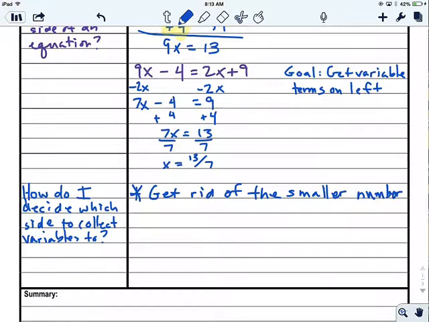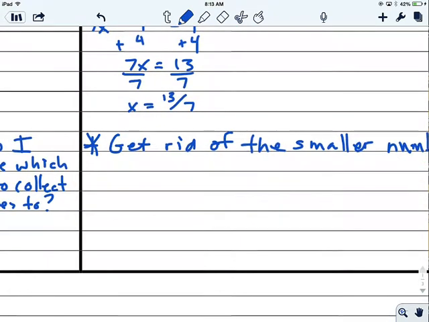So let's look at this equation here: 9x plus 1 equals 4x plus 4. It really doesn't matter, so I'll take this as my second note: it doesn't matter, and there isn't a right choice.